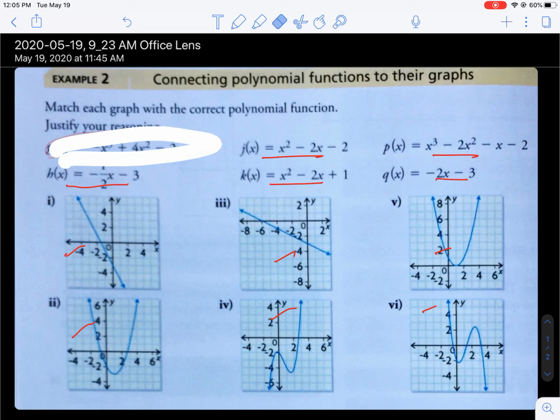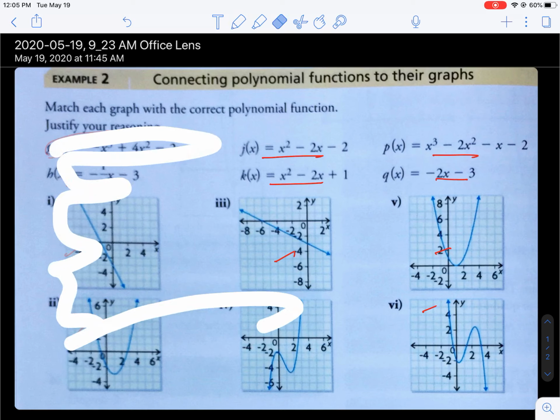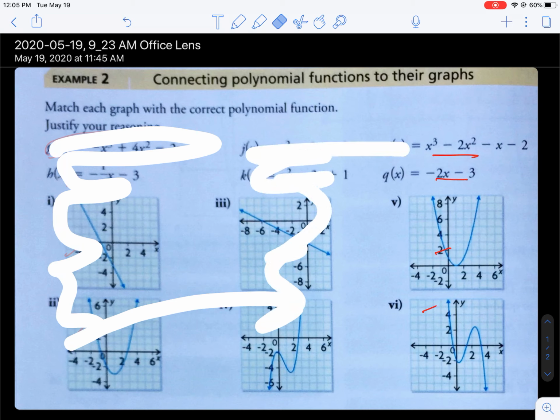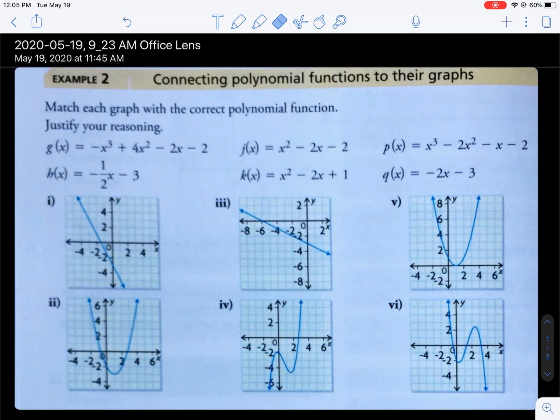Okay, so I'll just erase what I did on the screen, and I'm gonna start. When I look at this first function or equation, the leading power that I'm seeing is x to the power 3, but there is also minus.